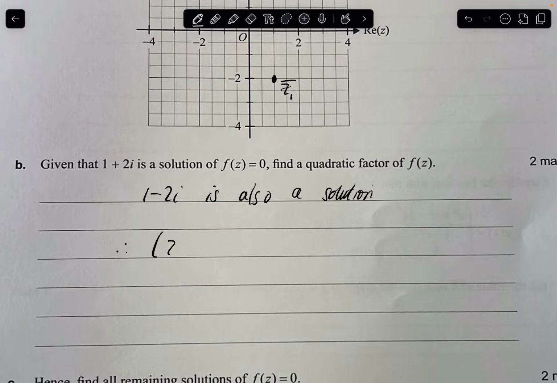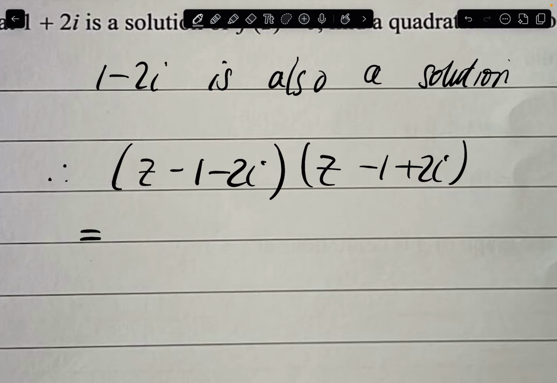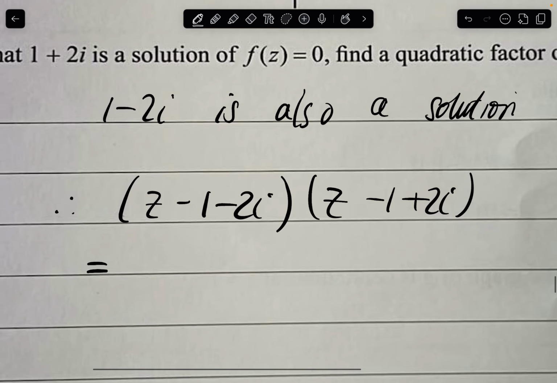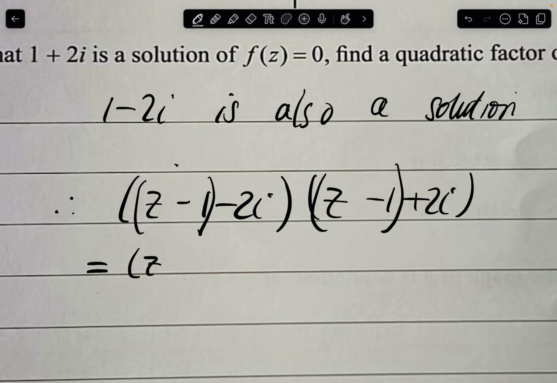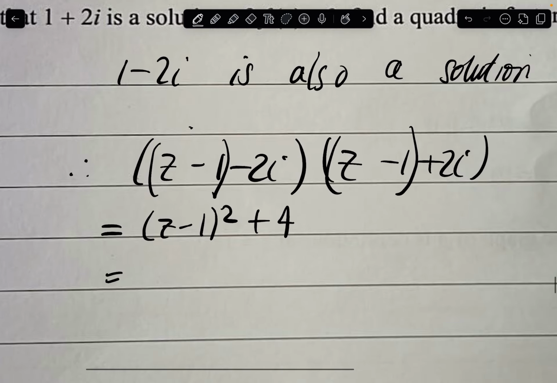Therefore, z minus 1 minus 2i times z minus 1 plus 2i is a factor. And so if you expand this, you can do it as difference of perfect squares, a squared minus b squared. And minus 2i squared will be plus 4. So this will be z squared minus 2z plus 1 plus 4.